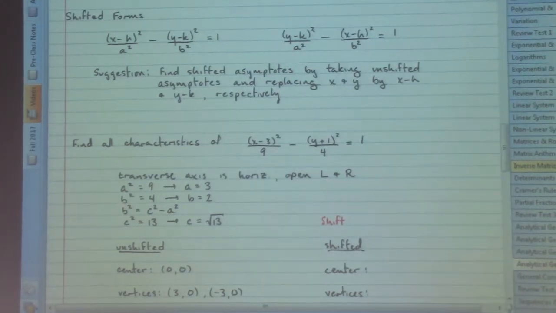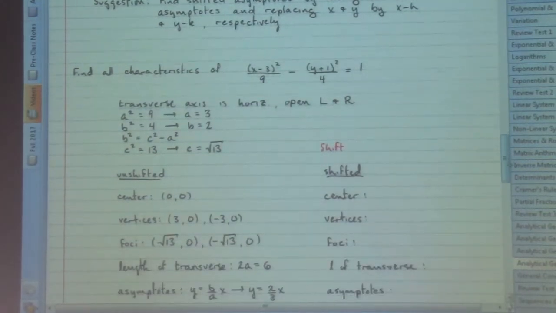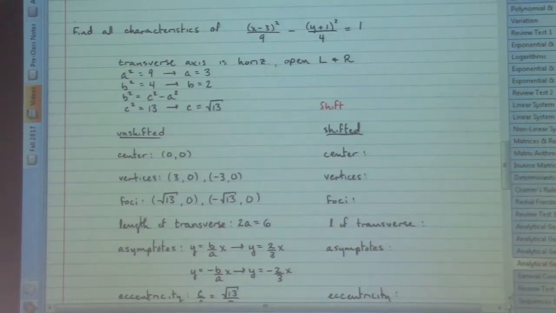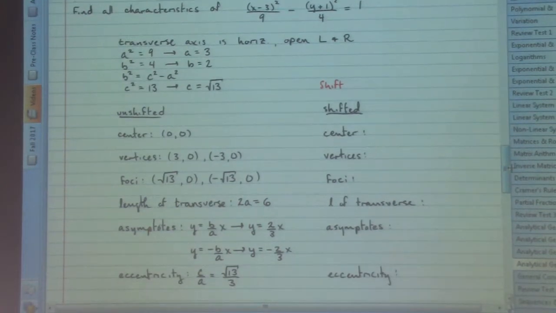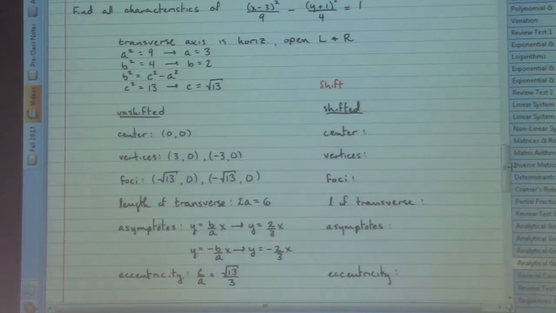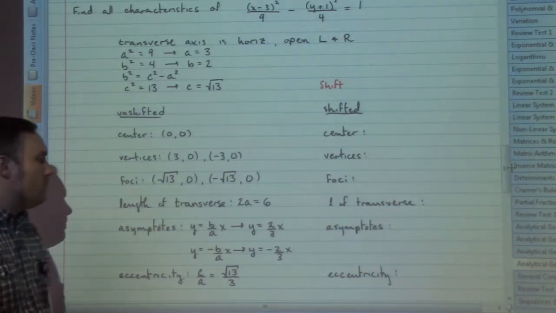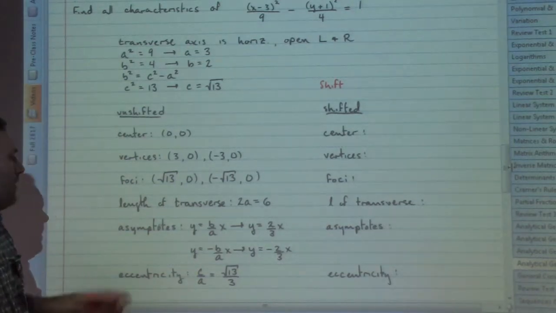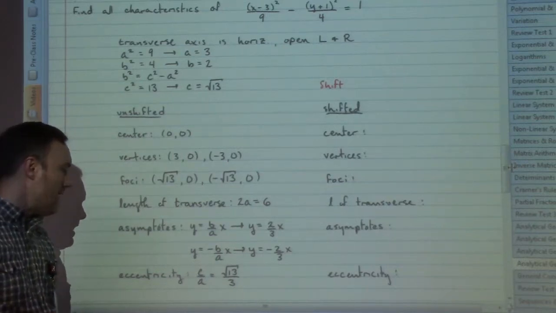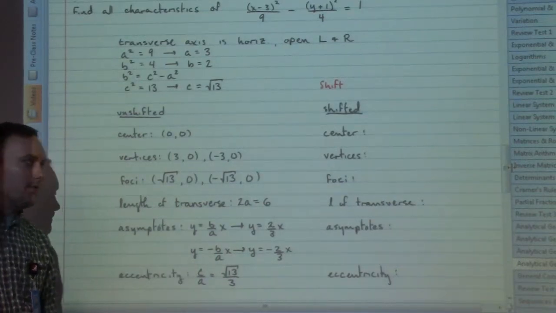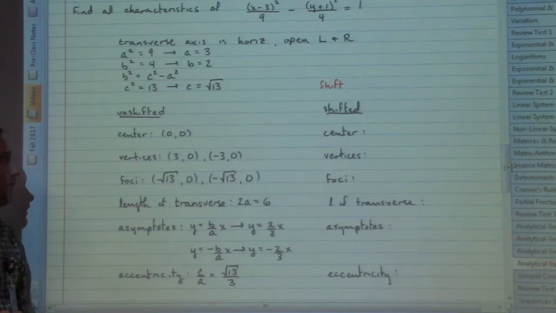I can list out my unshifted information. My center is the origin. My vertices and my foci are listed out. The asymptotes, in this case, y equals b over a x, y equals negative b over a x. The eccentricity, like with the ellipses, c over a.